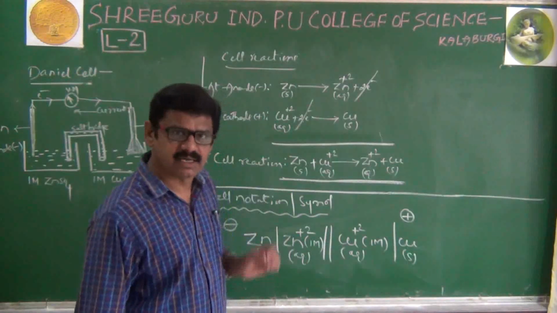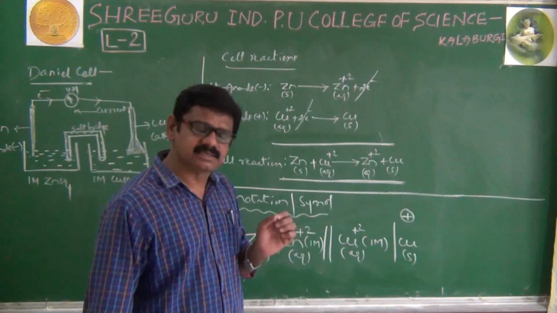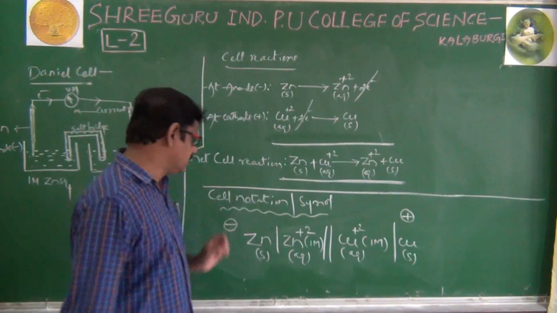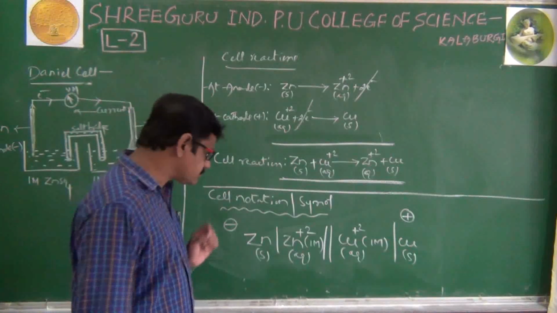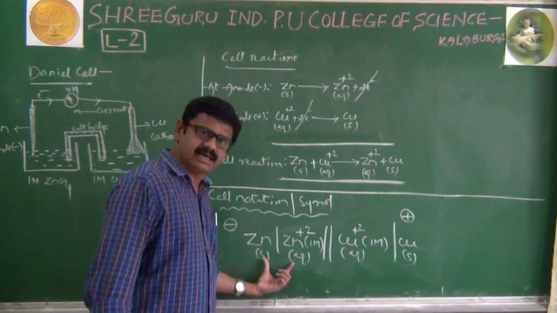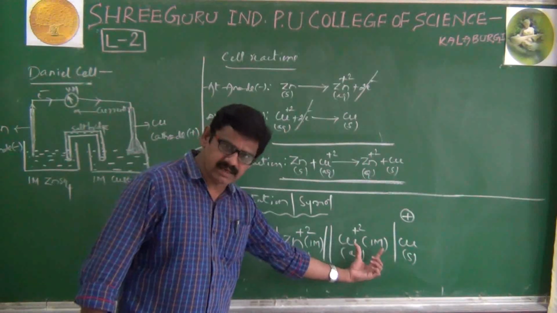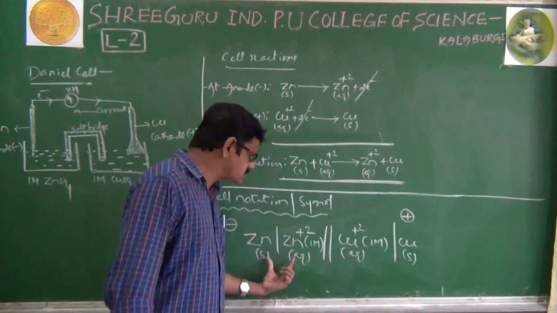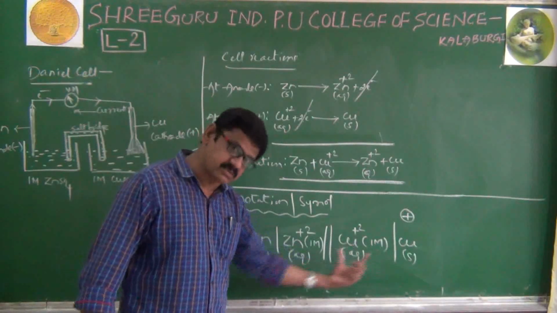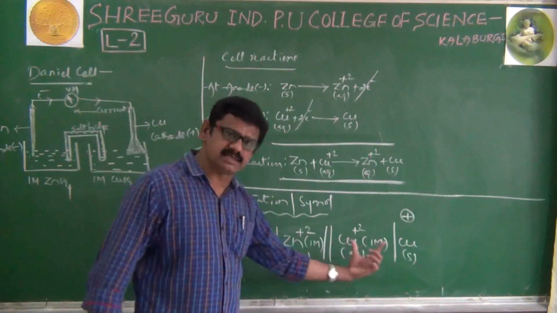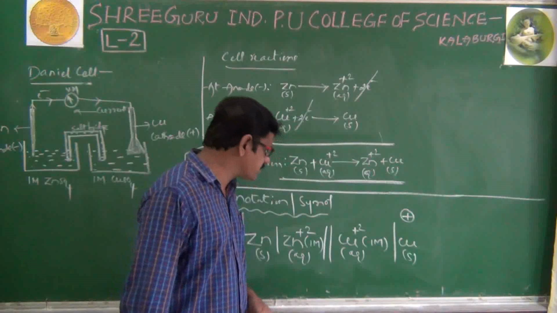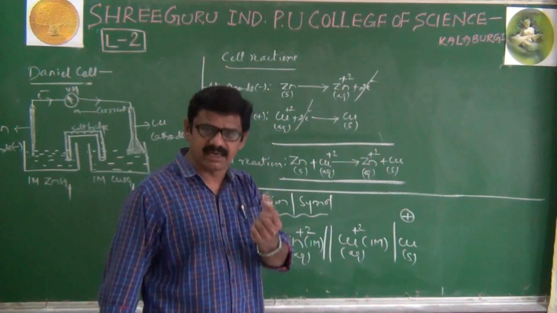Now we'll discuss cell notation or cell symbol. Very simple. In cell notation, what we have to do? First, on the left side we take the oxidation electrode, on the right side we take the reduction electrode, and both the oxidation electrode and the reduction electrode, nothing but the anode and the cathode, should be connected by a salt bridge.